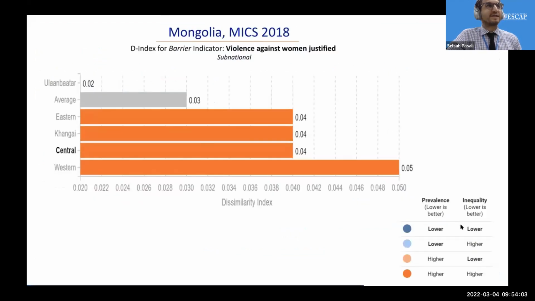So let's reveal. And this is something that you would see in the third panel after the prevalence chart. So the inequality is much lower. So that one answer was correct.